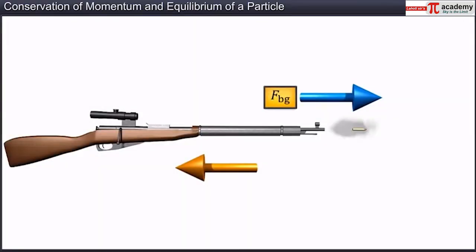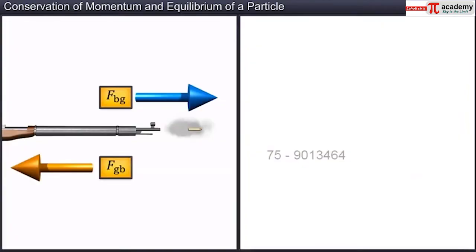If Fbg is the force exerted on the bullet by the gun and Fgb is the force exerted on the gun by the bullet, then Fbg is equal to minus Fgb. If delta t is the short amount of time for which Fbg acts, it is the same time during which Fgb acts.